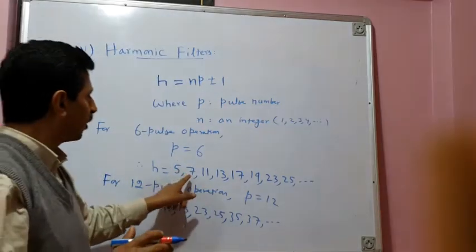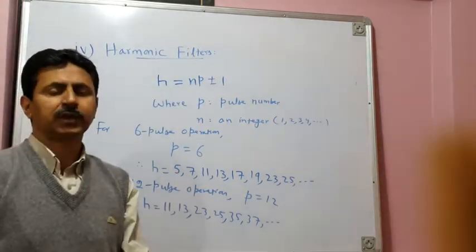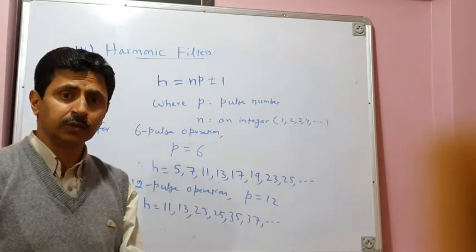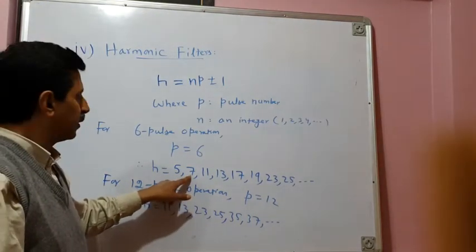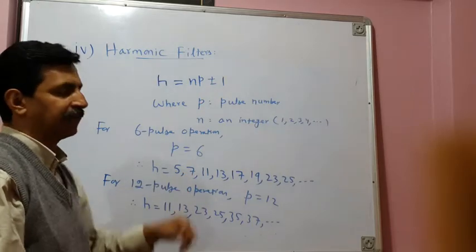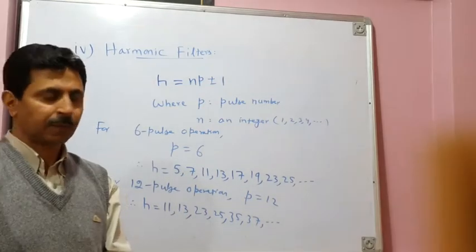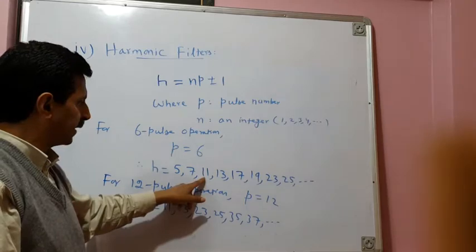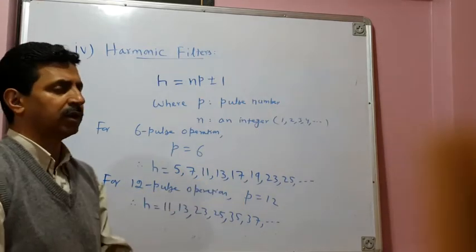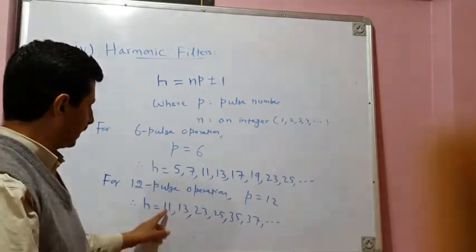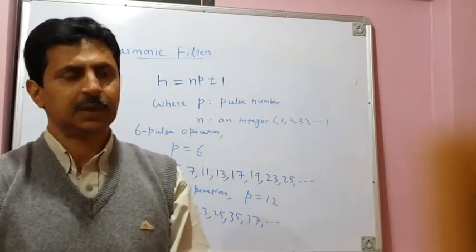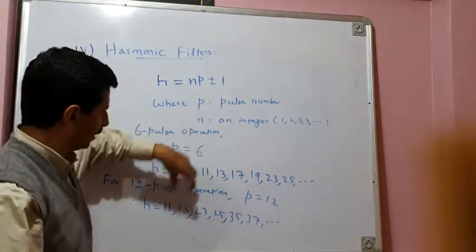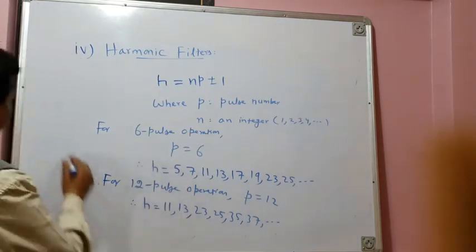For eliminating the 7th order harmonic, you need another single tuned filter designed to suppress the 7th order harmonic. Similarly, for suppressing the 11th and 13th order harmonics, you need single tuned filters. So here you need 4 single tuned filters, and here you need 2 single tuned filters.